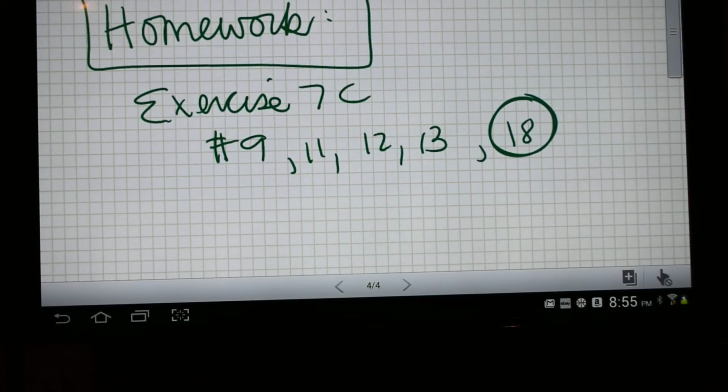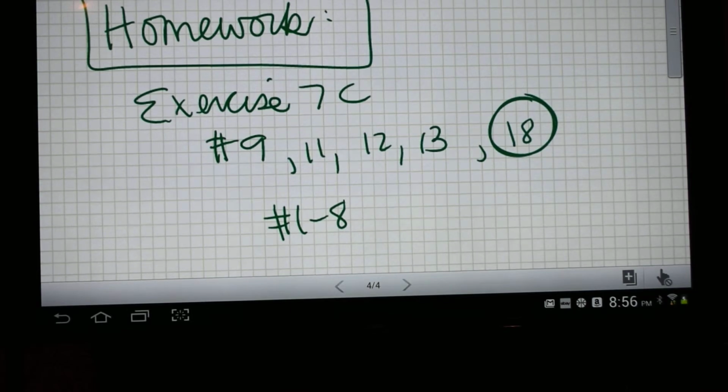If you did not already complete numbers, I'm probably going to assign on Friday, it's not Friday yet, this is Wednesday I'm doing this, numbers 1 through 8 or something like that. So if you have not already done numbers 1 through 8, then you should work on those.